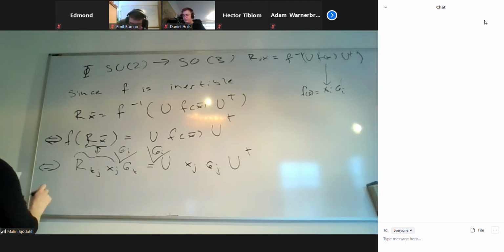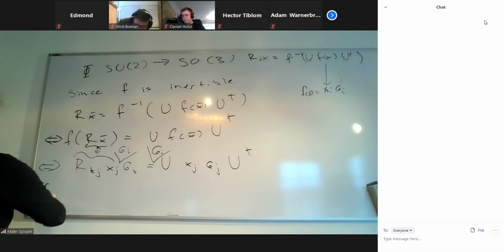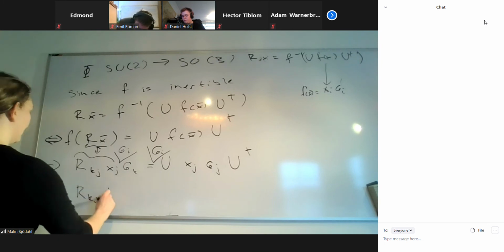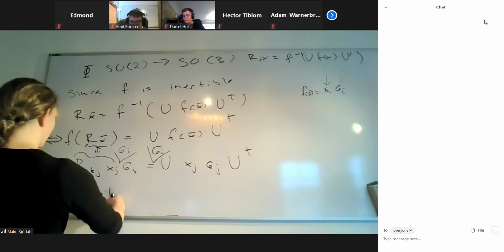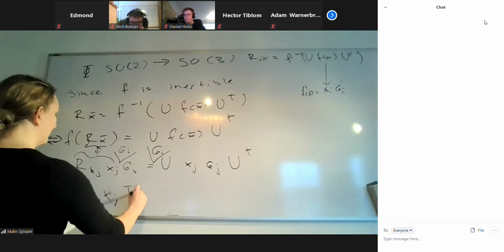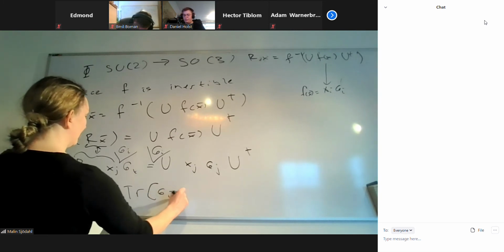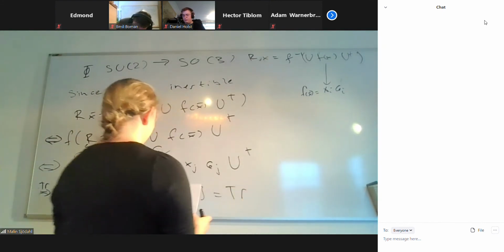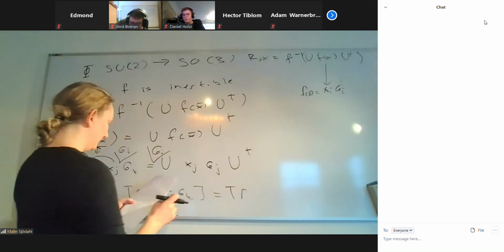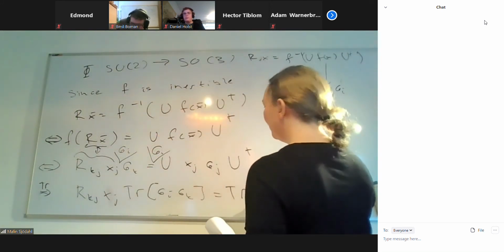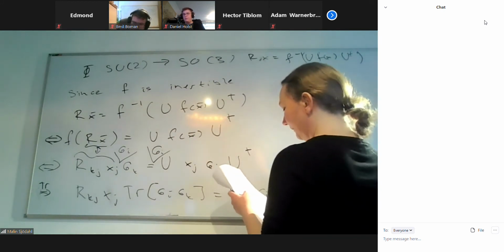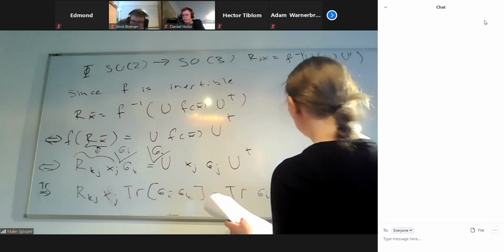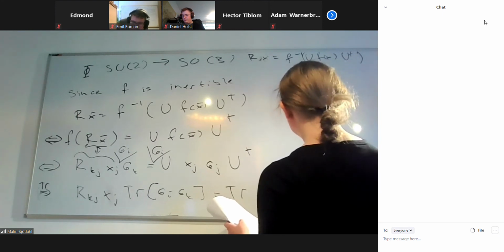So then taking the trace, I get R K J, trace of X J, trace of sigma matrices, so sigma I, sigma K, this should be equal to trace of this thing here, and here I have sigma I U X J sigma J U dagger.